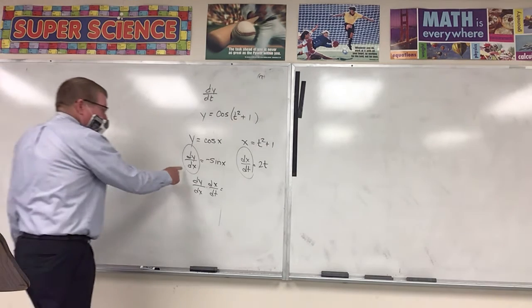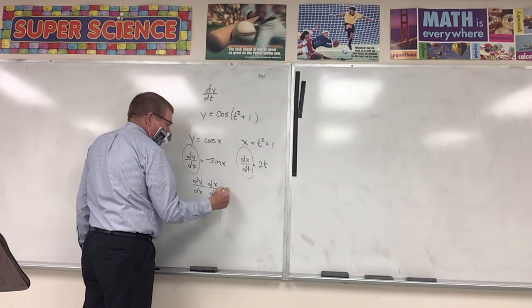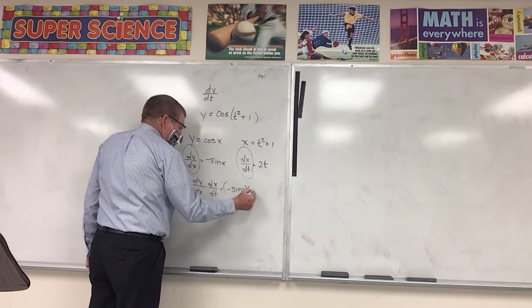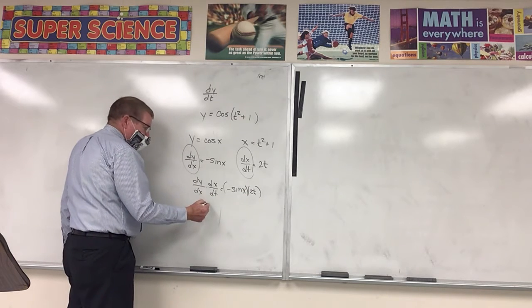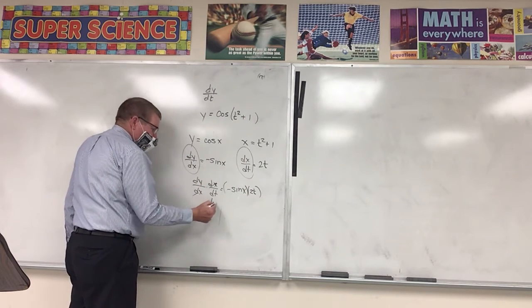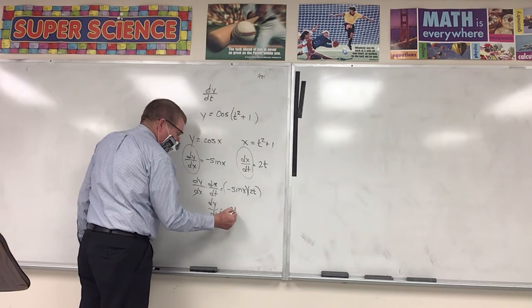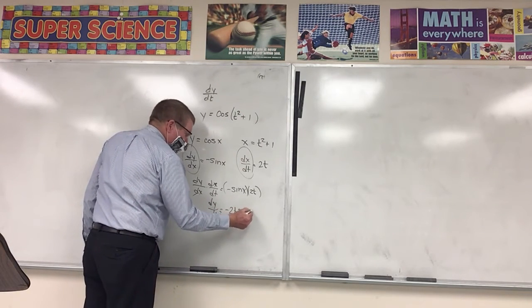So here on the left side, I multiply equals, so I multiply equals here. So that, therefore, the dx is canceled out. I get dy over dt, which is what I wanted, to be negative 2t sine of x.